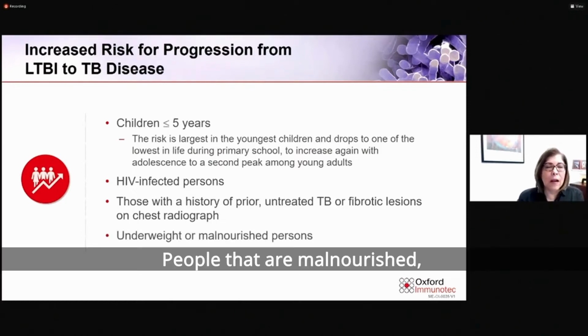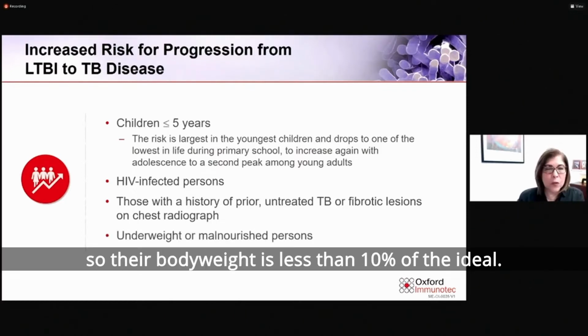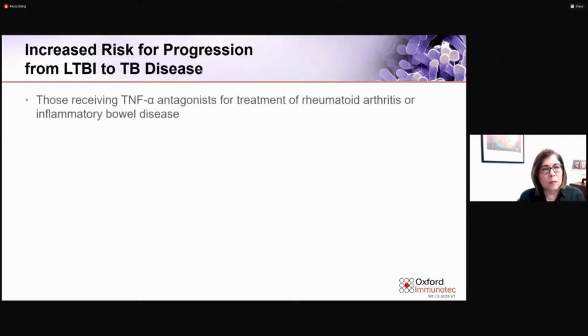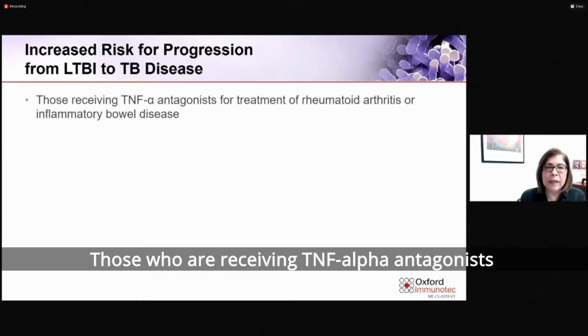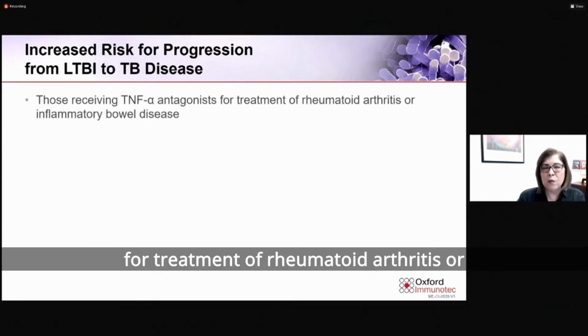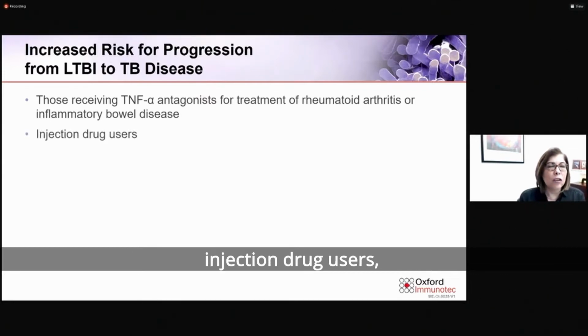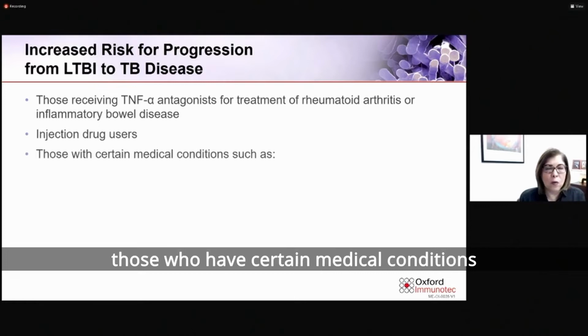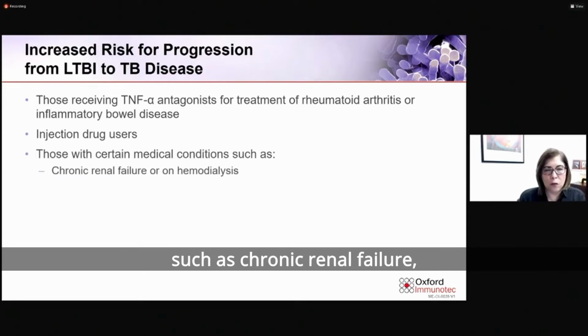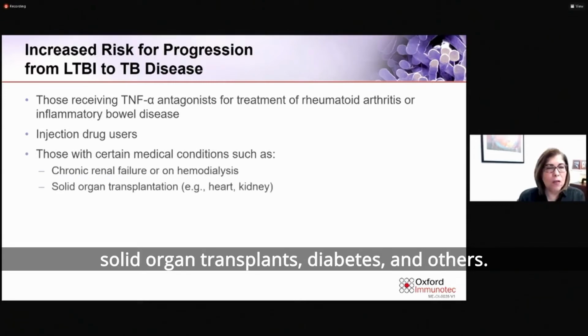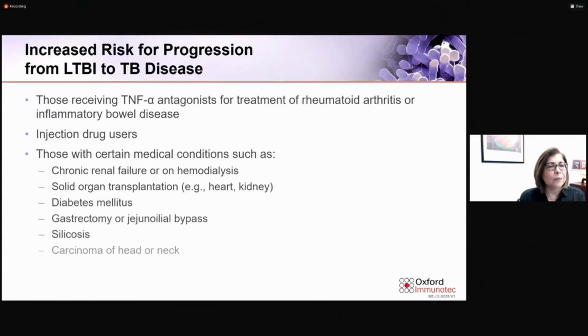People that are malnourished, so their body weight is less than 10% of the ideal. Those who are receiving TNF-alpha antagonists for treatment of rheumatoid arthritis or inflammatory bowel disease, injection drug users, those who have certain medical conditions such as chronic renal failure, solid organ transplants, diabetes, and others.